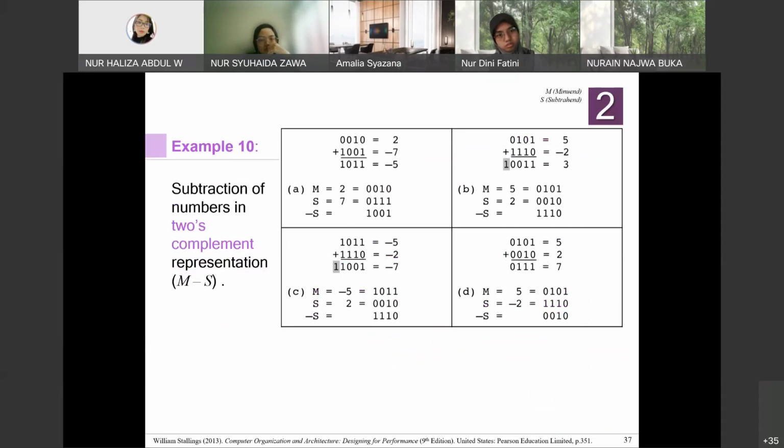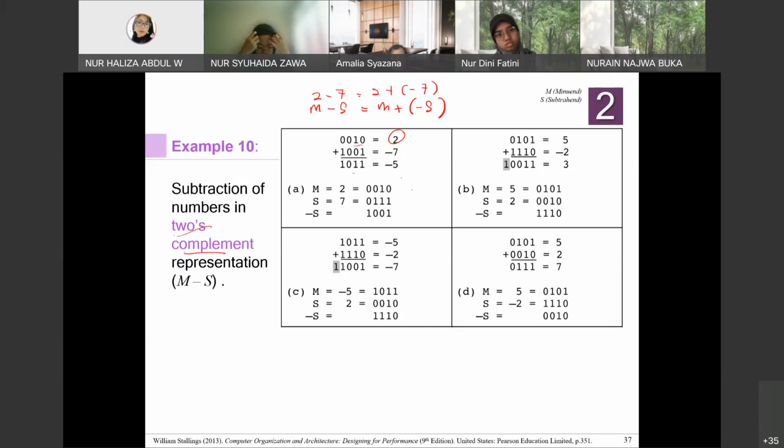So subtraction numbers to complements. This is an example. Here is 2, here is minus 7. Because m minus s equal to m plus minus s, so m is 2 and you deduct 7, equal to 2 plus minus 7.